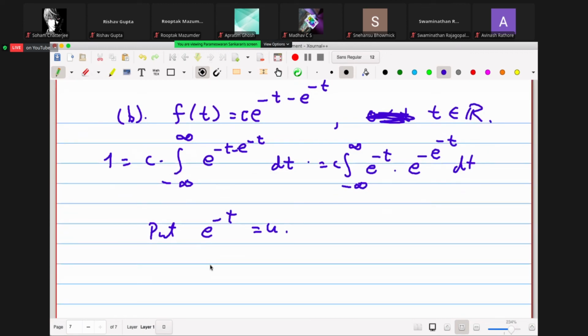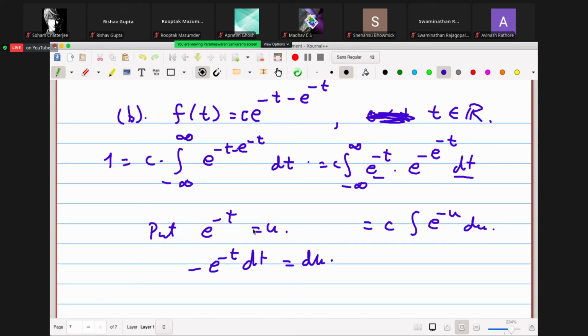Minus e power minus t dt is equal to du. So this can be rewritten as c times integral. You have to write the limits carefully, but this has now become e power minus u du, which is very easy to integrate. And now you have to wonder, as t goes from minus infinity to plus infinity, what happens to u?